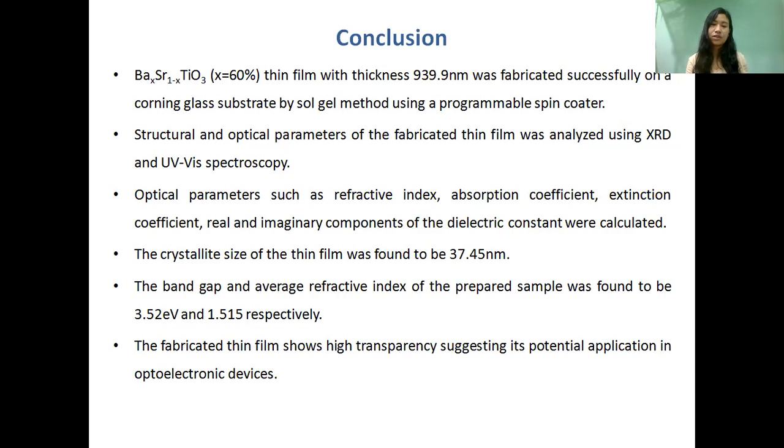The calculated crystallite size of the thin film is found to be around 37.45 nanometers. The band gap and the average refractive index of the prepared sample are found to be 3.52 electron volts and 1.515 respectively. The fabricated thin film also shows high transparency at higher wavelength, suggesting its potential application in optoelectronic devices.